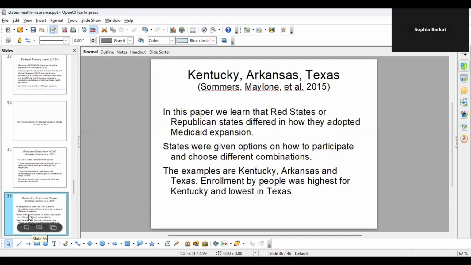So Sommer and Maloney looked at three red states in particular, Kentucky, Arkansas, and Texas. And they wanted to see how federalism is implemented. Meaning, look, the states have these reserve powers to implement general welfare. They've never really done a good job of it.